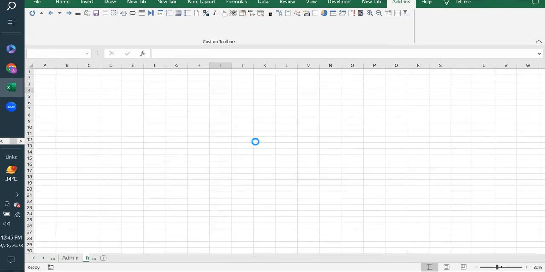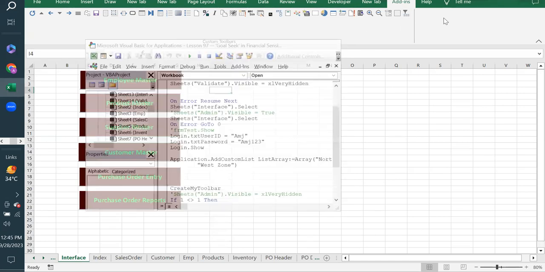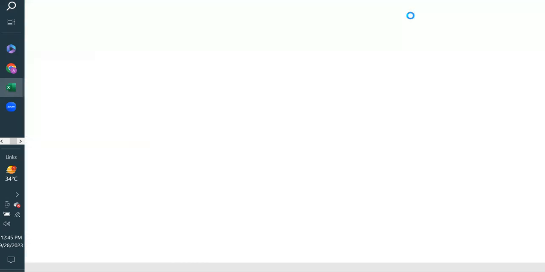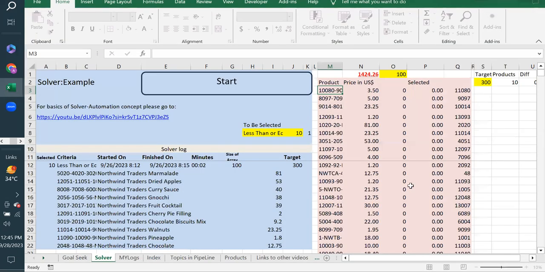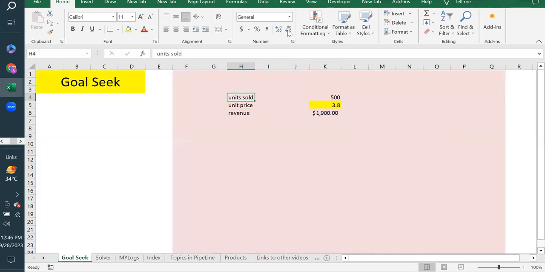So it reactivates everything and sets your toolbar properly so that we can now use this. So now we are clicking. This will load the solver module.